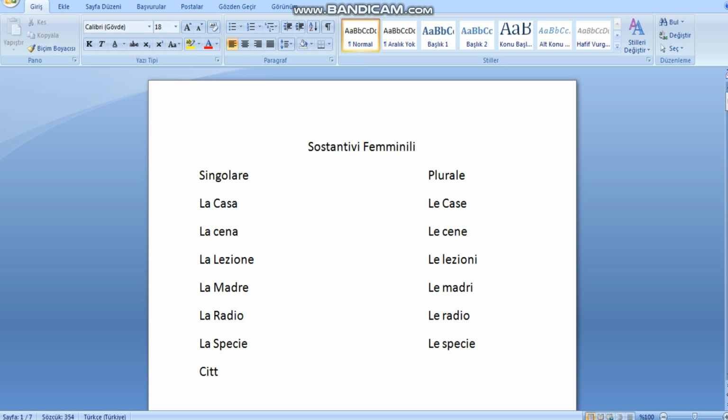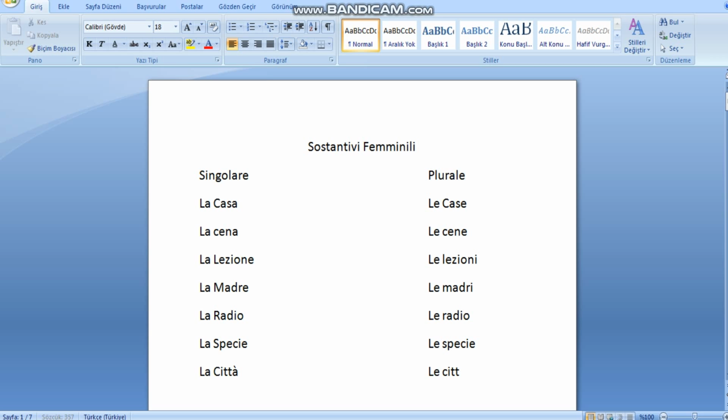And the words such as this one, città, which finish with a letter with an accent, in the singular form is written like this, la città, and in the plural form also they remain the same.